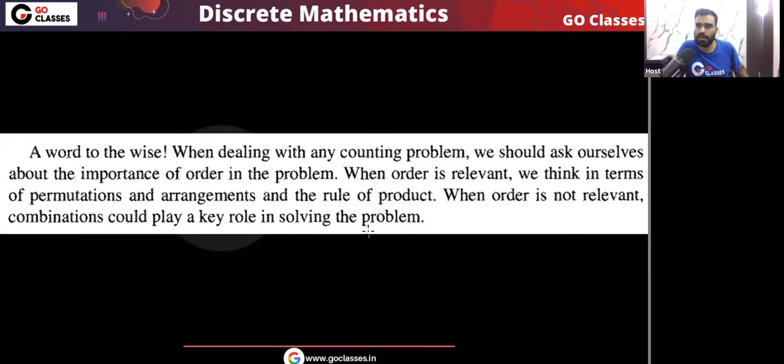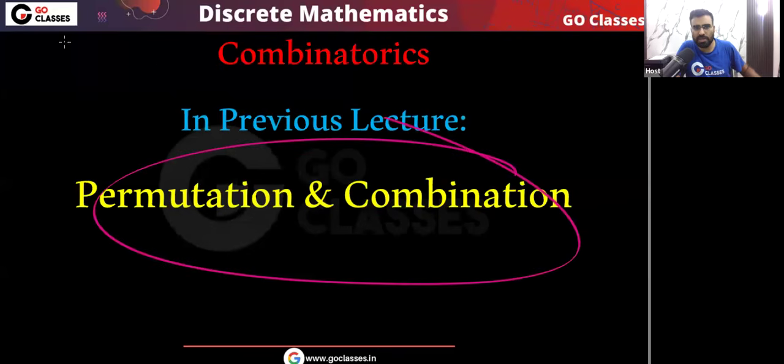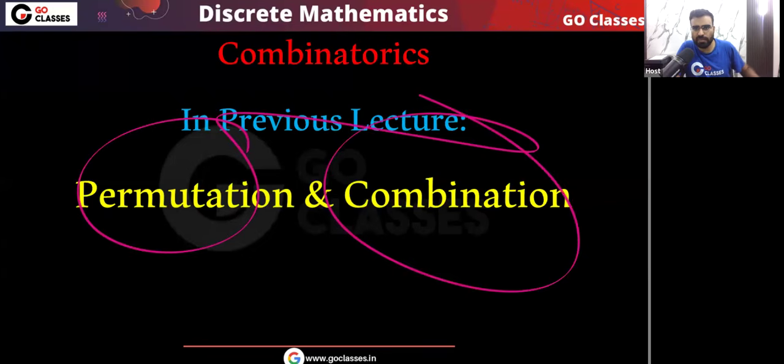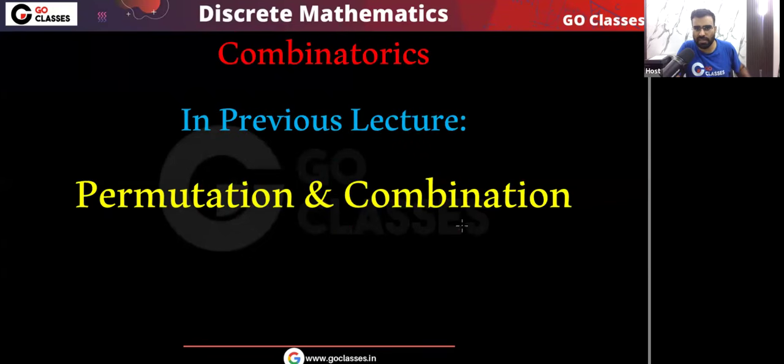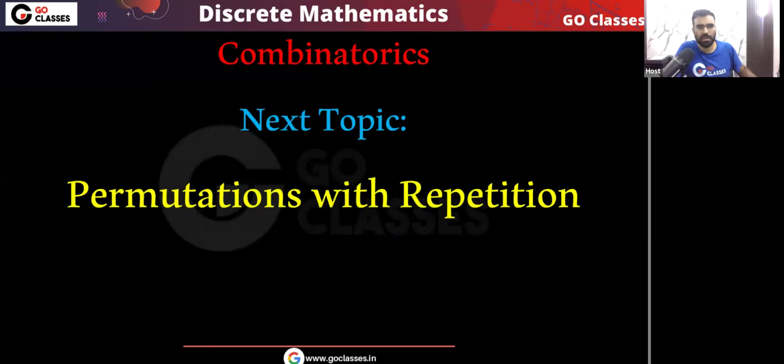And when the order of chosen elements does not matter, then combination will come into play, and we will apply combination. The difference between permutation and combination, everything related to this, we have already seen in the previous lecture. Now let's move on.